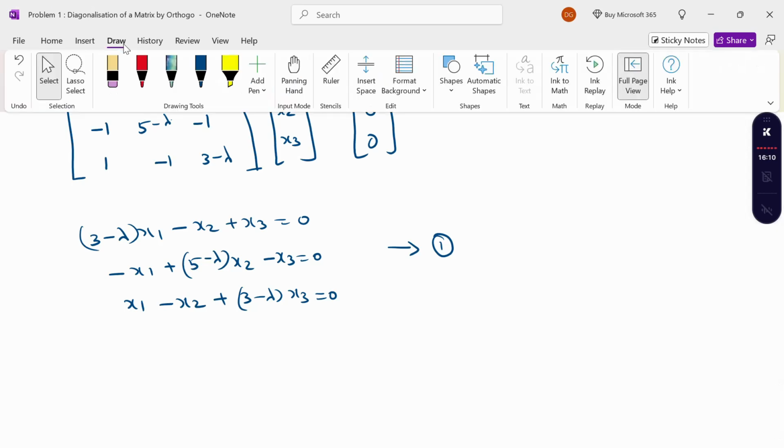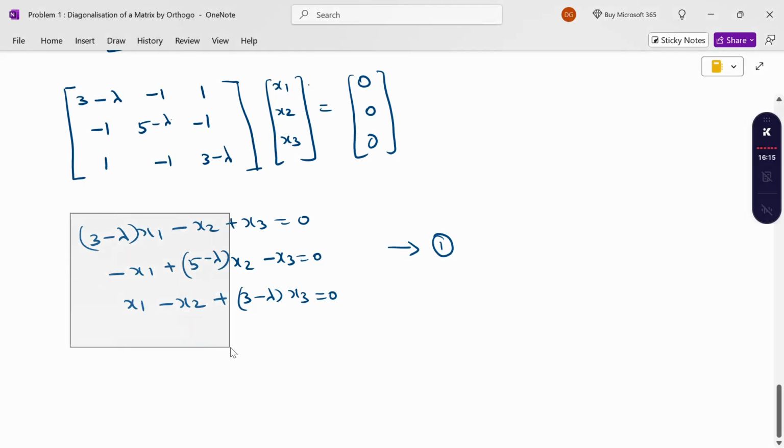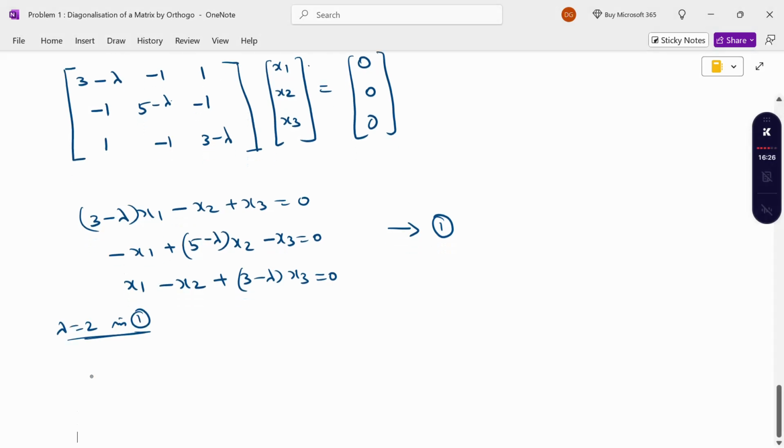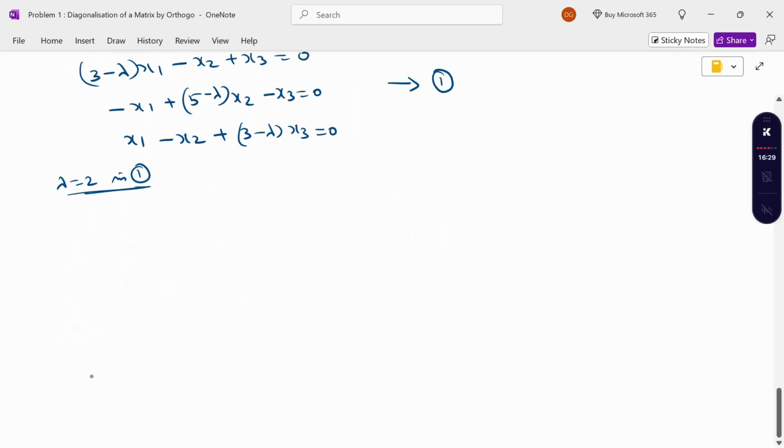Now the first eigenvalue, lambda equal to 2. So substitute the first eigenvalue lambda equal to 2 in 1. We have three linear equations. When I substitute 2, then x1 minus x2 plus x3 equals 0, then minus x1 plus 3x2 minus x3 equals 0, then x1 minus x2 plus x3 equals 0.